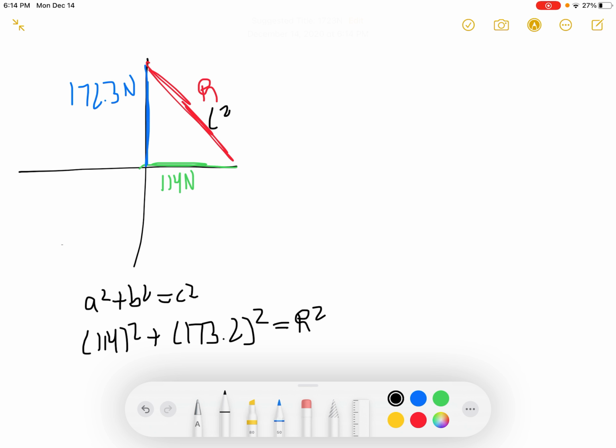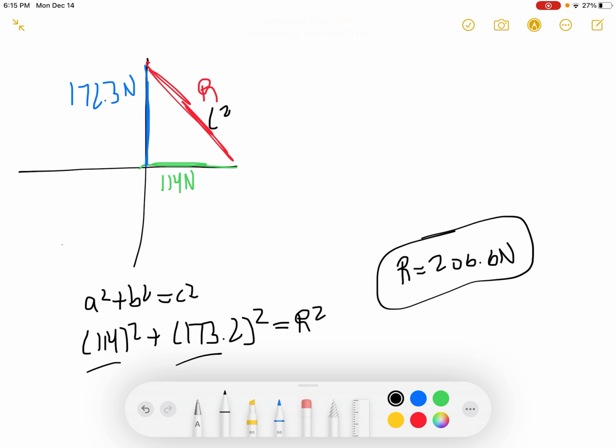We're solving for that. As you solve that, you eventually would get r equals 206.6 newtons. For time's sake, I wasn't going to do that, but you just would square it, then add those two things, then square root it. That's what you do.